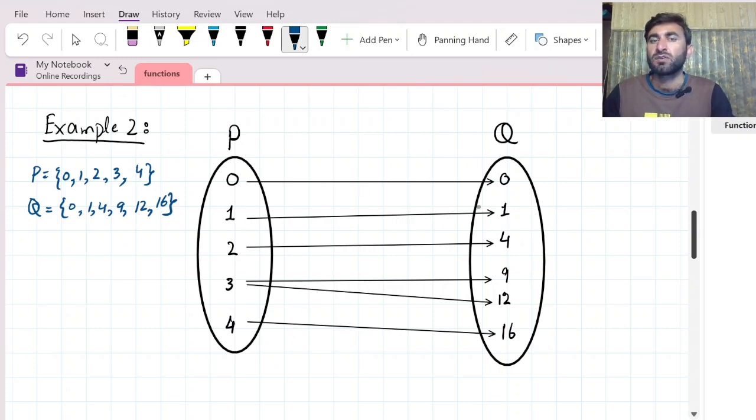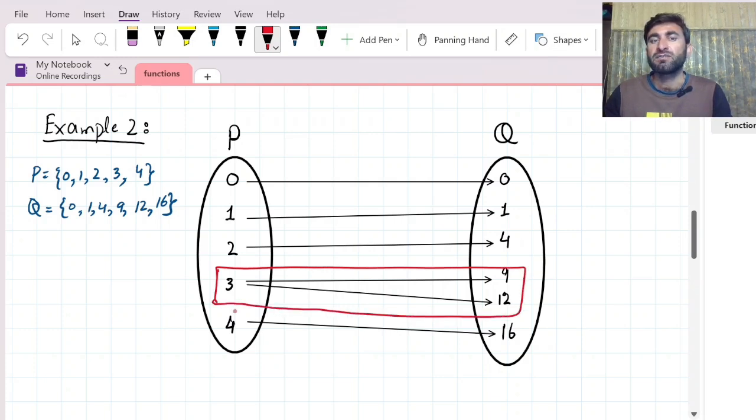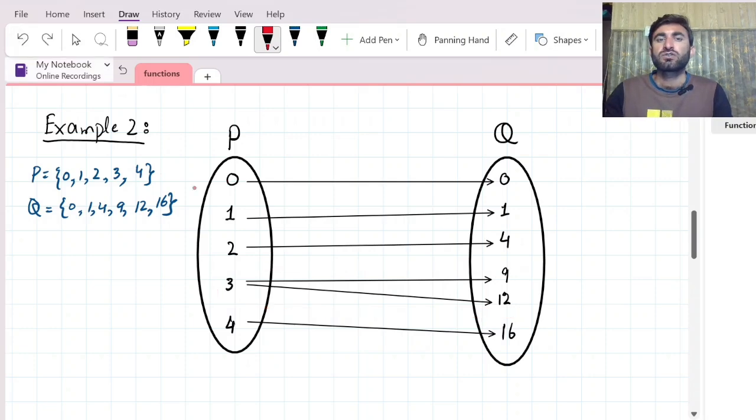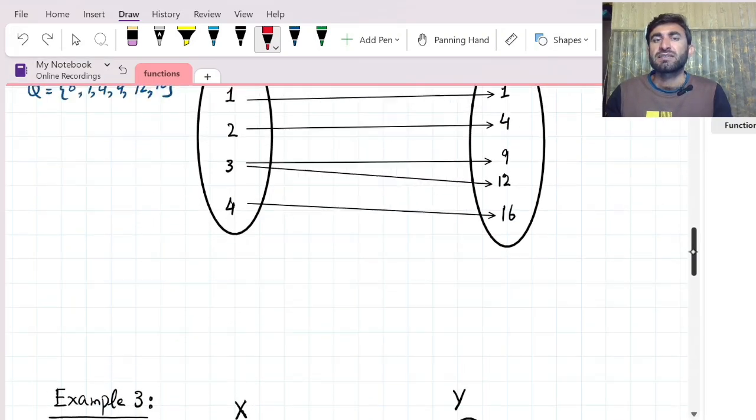Similarly, 1 is mapped onto 1, 2 is mapped onto 4, 3 is mapped onto two elements 9 and 12, and 4 is mapped onto 16. The first condition is fulfilled, that every element of first set have an image in the second set. But the second condition, that every element should have unique image, is not fulfilled, because we can see that 3 have two images. The image of 3 is no more unique, so we'll say that it is not a function.